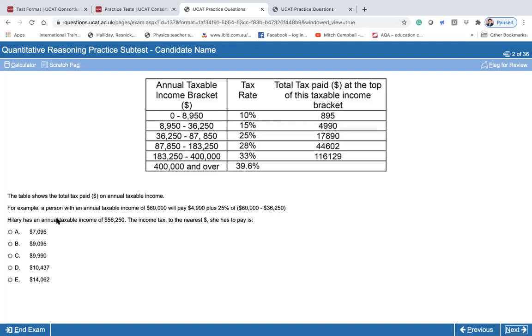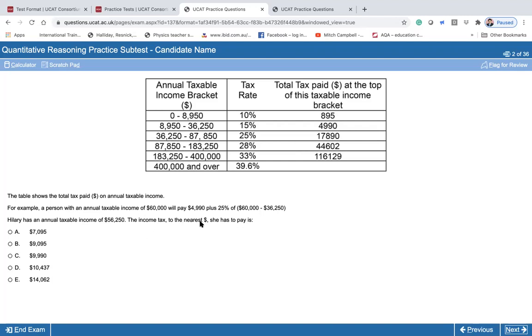Now we have a question here. Hillary has an annual taxable income of 56,250. It is going to fall in this bracket.